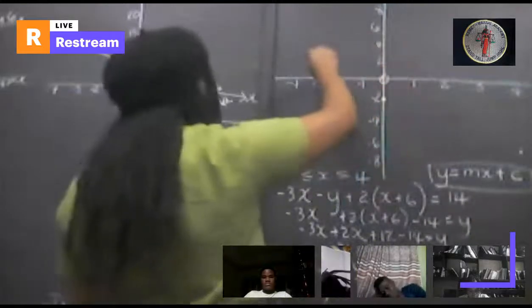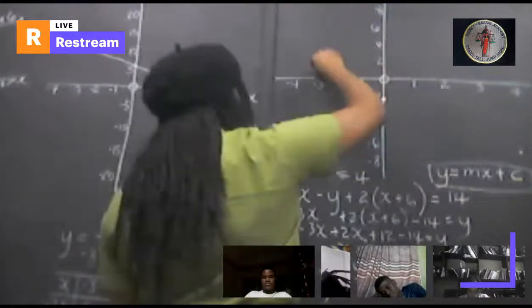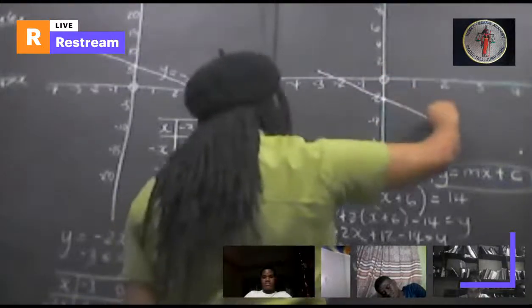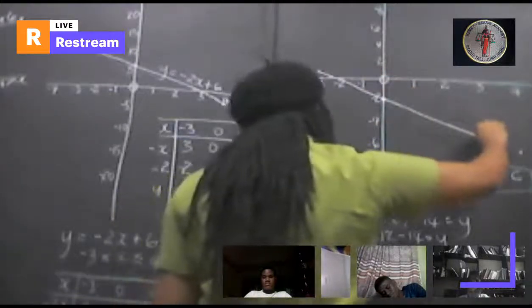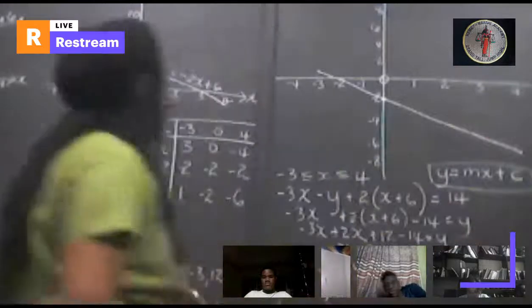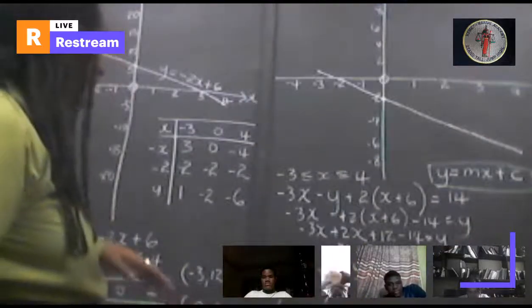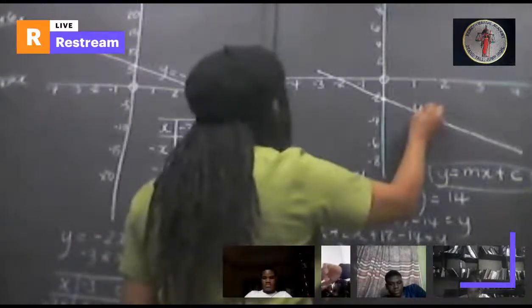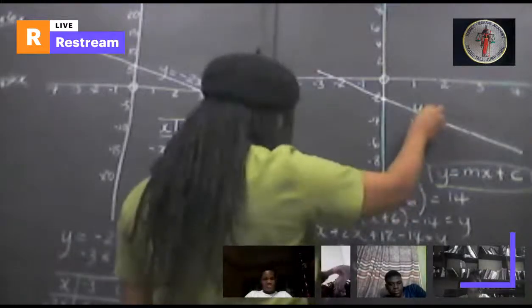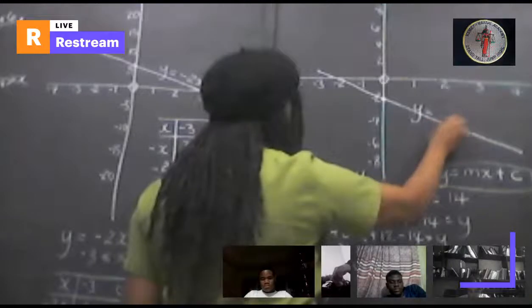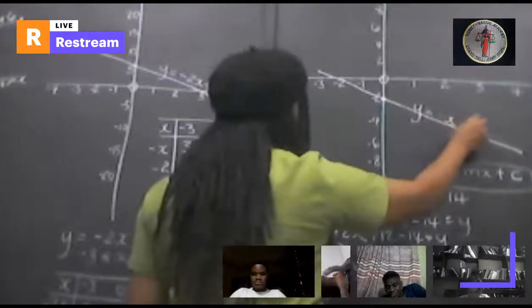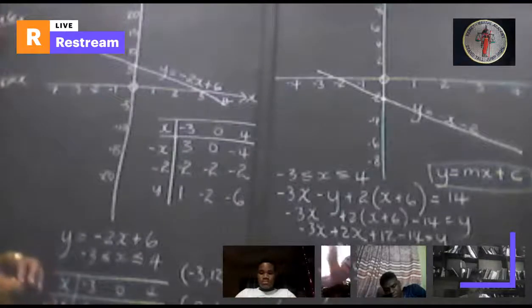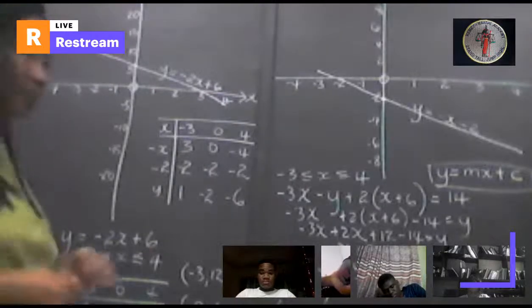As we guessed, the line is oriented to the left. The gradient is negative 1. And we're going to write our line: y equals negative x minus 2.